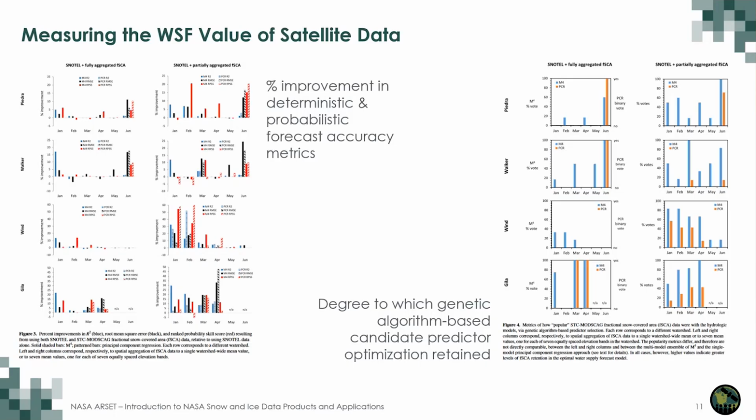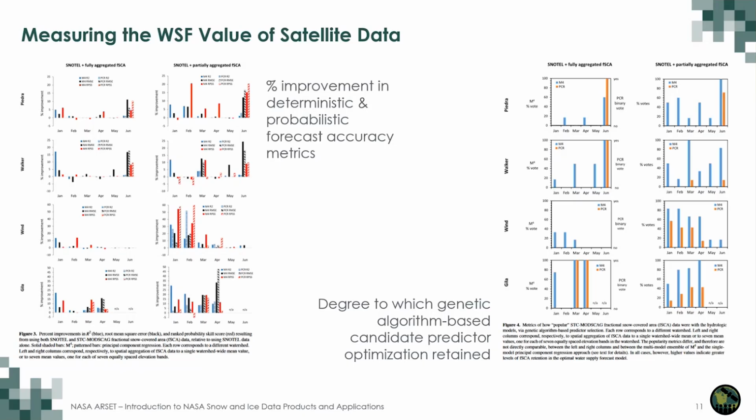So that's things like R squared, root mean square error, and also RPSS. One really important aspect of operational water supply forecasting is that in general, the end users of those products want quantitative estimates of the uncertainty in the forecast, not just the best estimate, but also estimates of the uncertainty in it. So we also look at it from a probabilistic perspective. That's part of what the product generates, and we want to assess how well it does that.